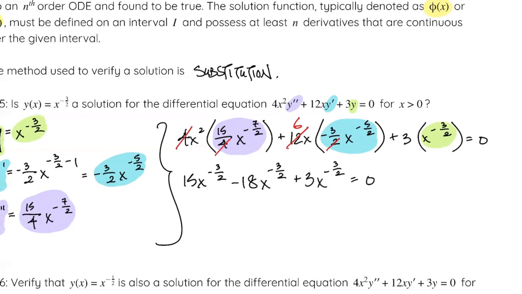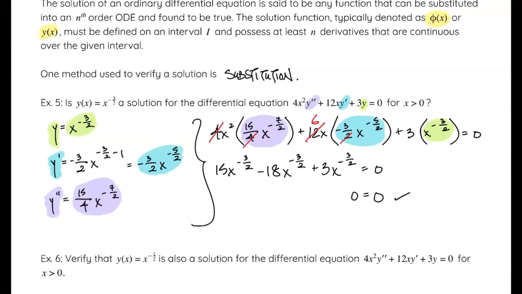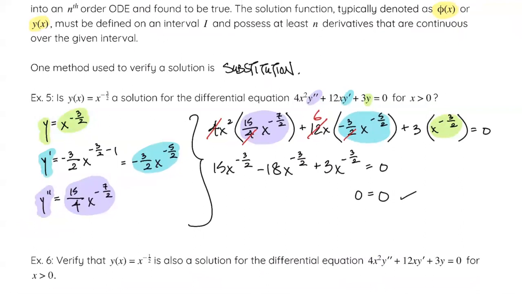When we add up all those coefficients, these are like terms, and we do in fact get 0 equals 0. So this is a more grown-up version of what we used to do in middle school to check our answers. To say, is this an answer, we just plug it in, take the appropriate derivatives, and we should make both sides equal to each other.